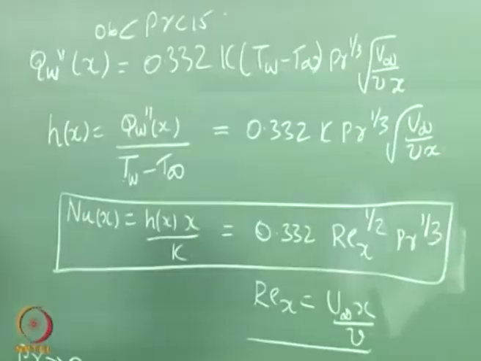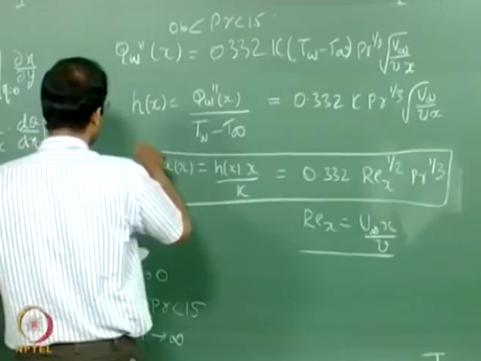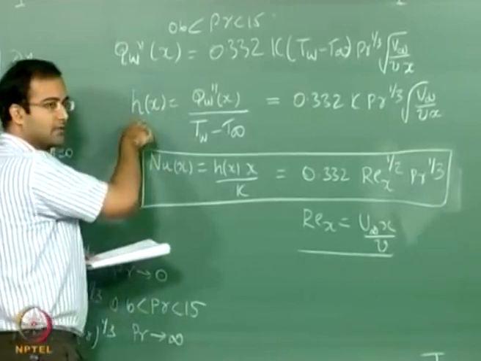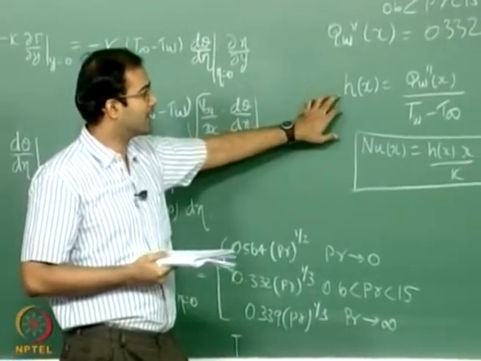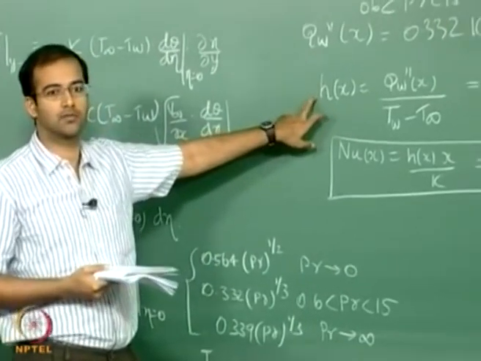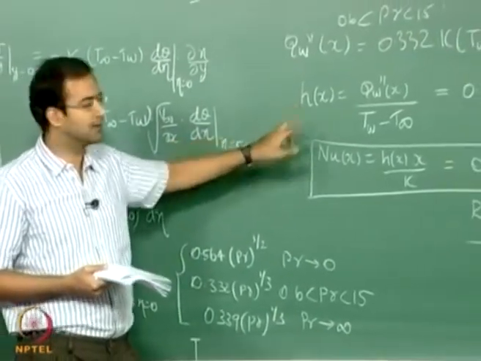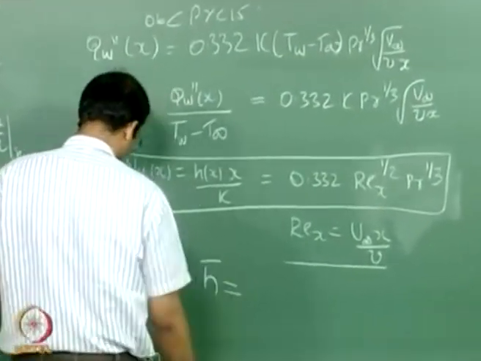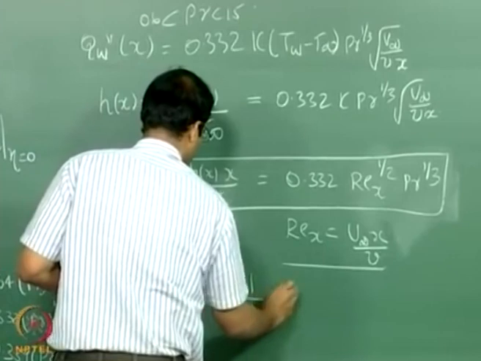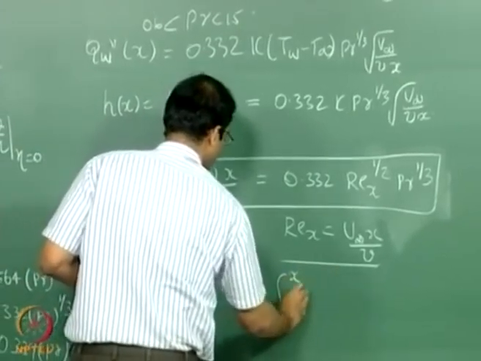Okay, so we can also do one more thing. Rather than being interested in the local variation of heat transfer coefficient and Nusselt number, we can calculate an average value of h for the entire plate. So we can define an average value h over bar, which is 1 over L integral from 0 to L of h dx.